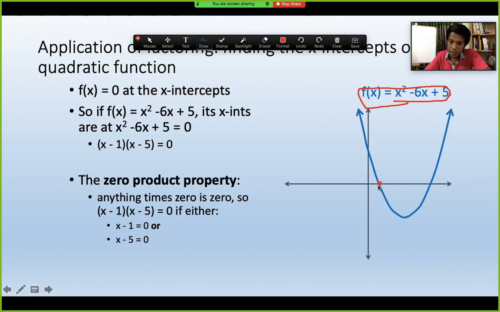And where are my x-intercepts? We understand this from the factors of this term. The factors are x minus 1 and x minus 5. So one x-intercept will be, since we see x minus 1, plus 1. This is x minus 5, so plus 5 will be the other x-intercept.